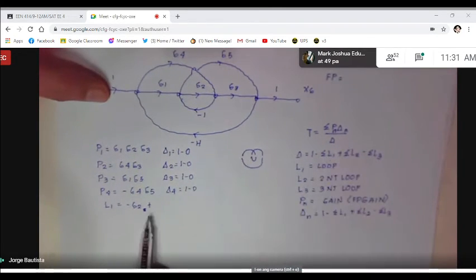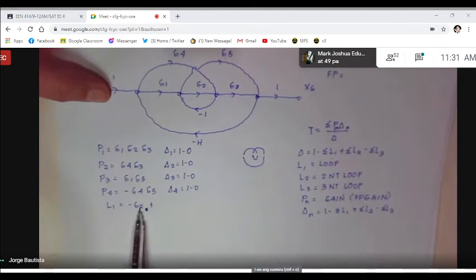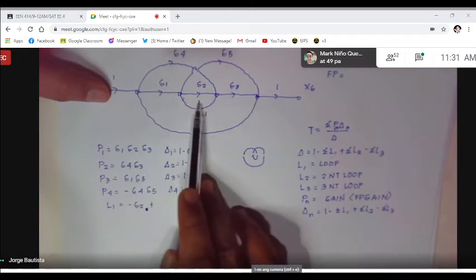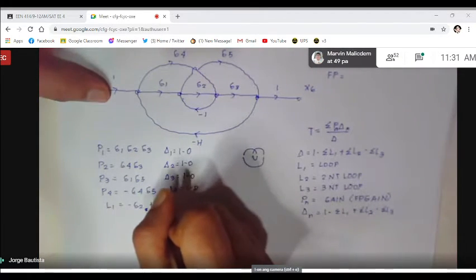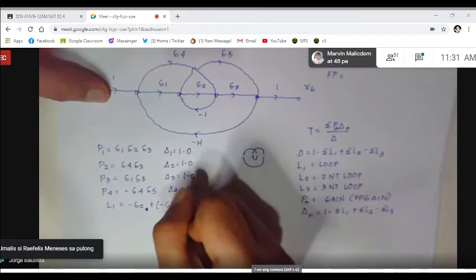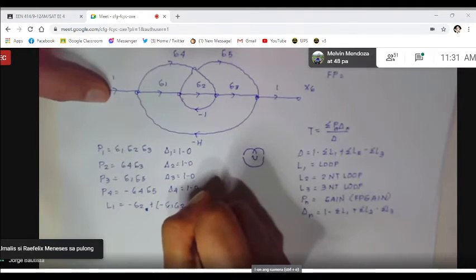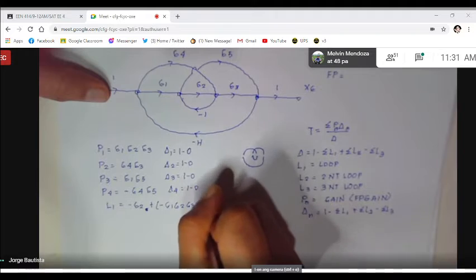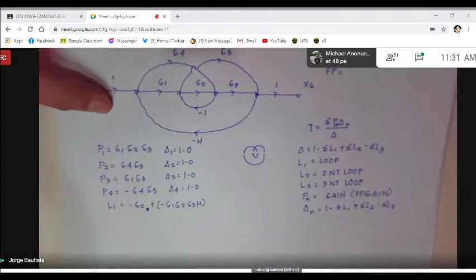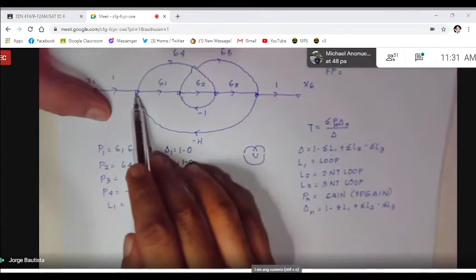Plus, G2, ito, negative G2. Plus, ito, so you have negative G1, G2, G3H. Okay, ganyan. Pangalawa. May pangatlo ba? Mayroon. Ito.